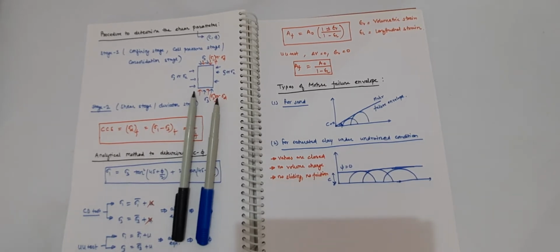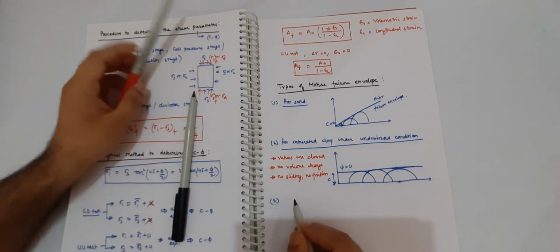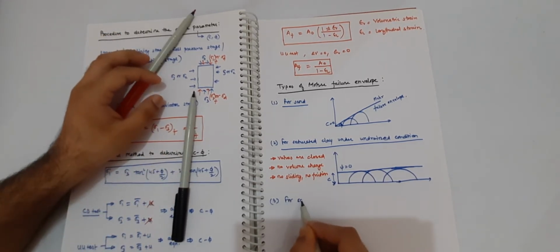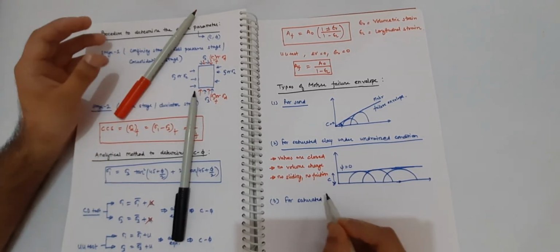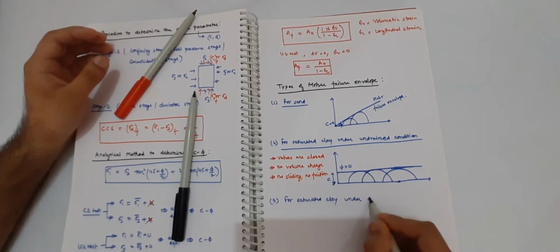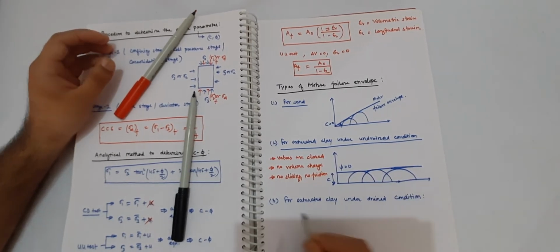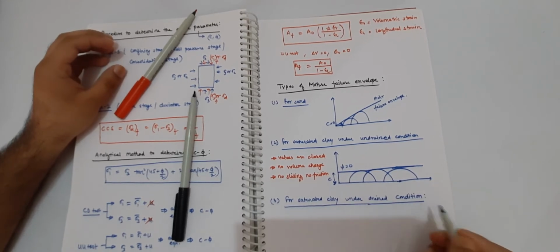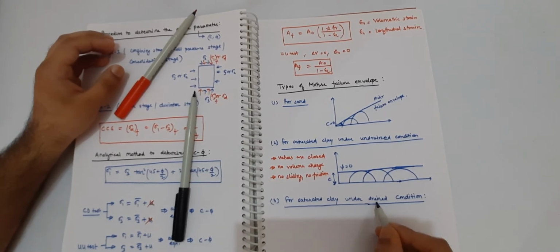Saturated clay under drained condition, understand this. We know that in saturated clay there is cohesion, but under drained condition, the pore water pressure is expelled out, right?